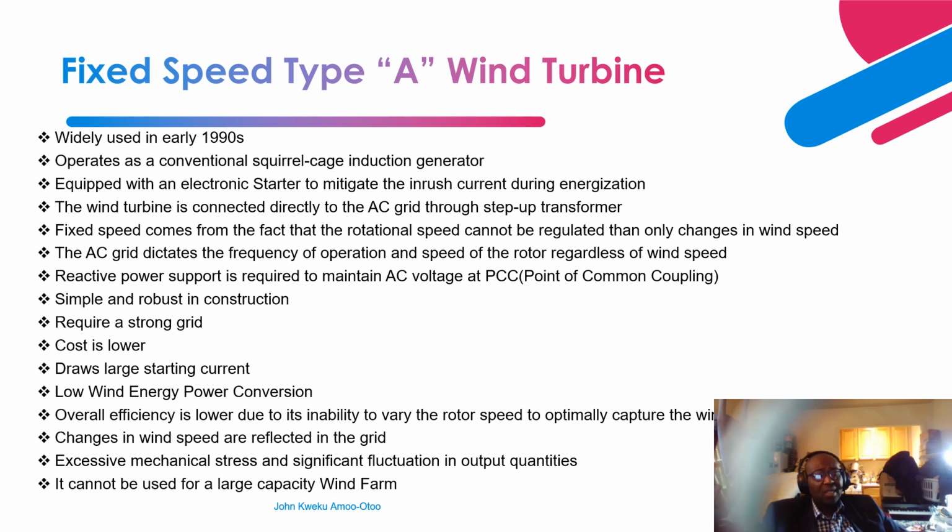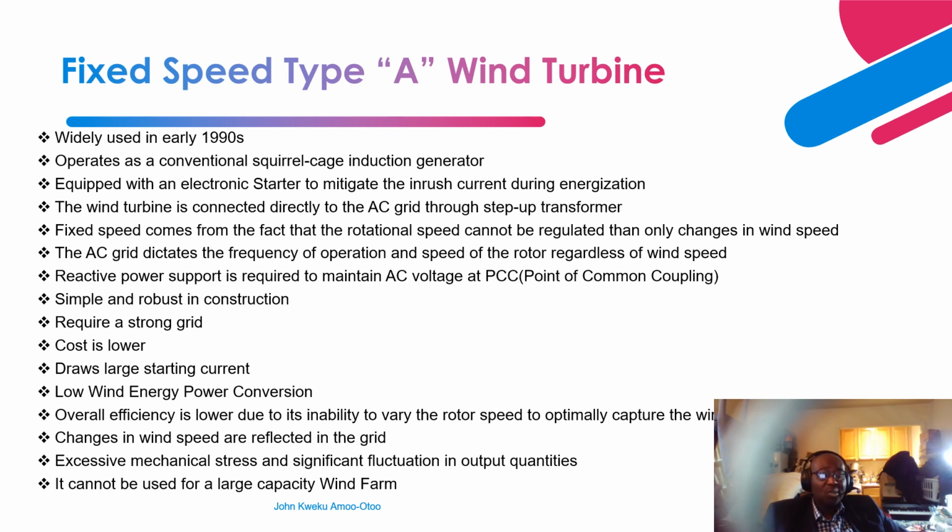For such an induction generator, when you are energizing the generator, there's something called inrush. It has a very high inrush, 50 times the nominal current. To control the inrush, what do we do? We utilize an electronic soft starter to control the speed of the generator.